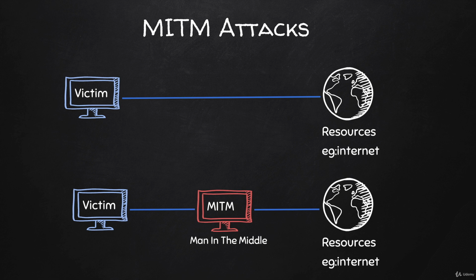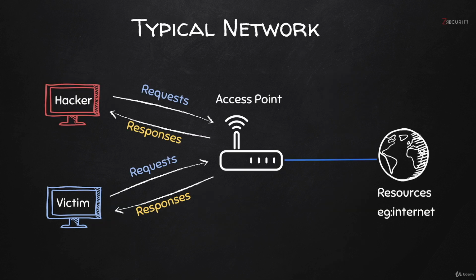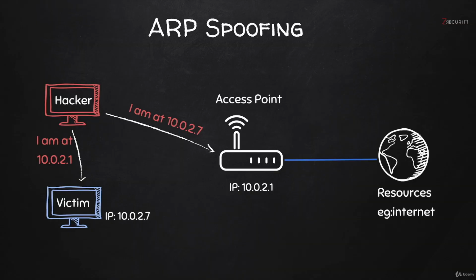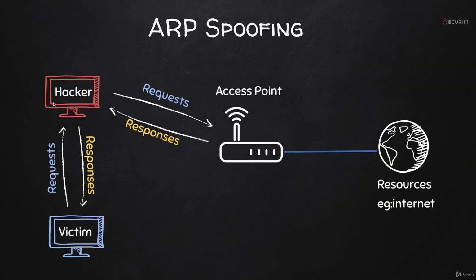Now, there are a number of ways to achieve this. The first method that we'll cover in this course is using an ARP spoofing attack. ARP spoofing allows us to redirect the flow of packets, so instead of it flowing as shown in this diagram, it would flow through my own computer. So any requests sent and any responses received by the target computer will have to flow through the hacker computer.